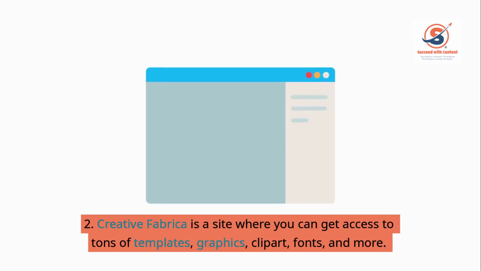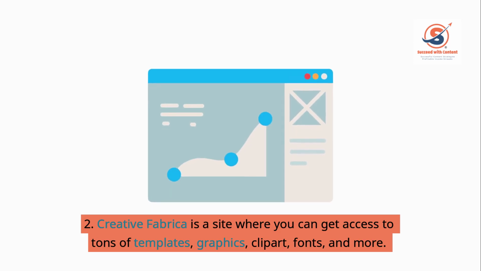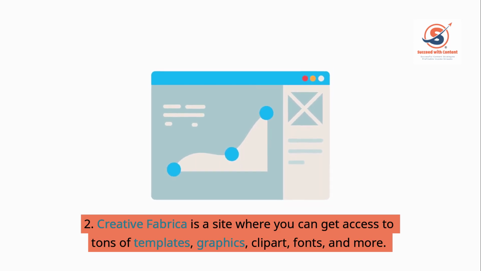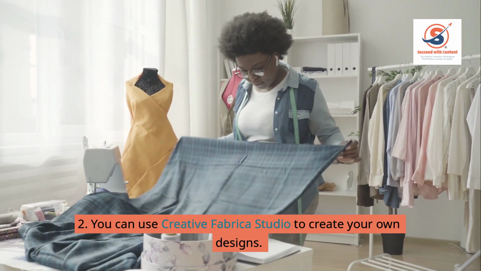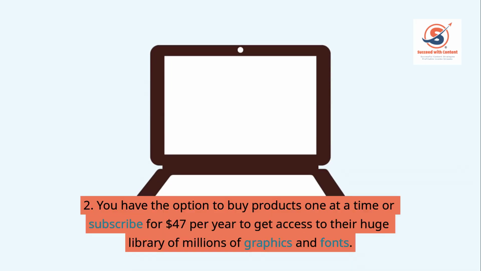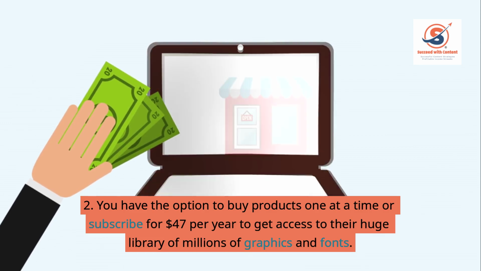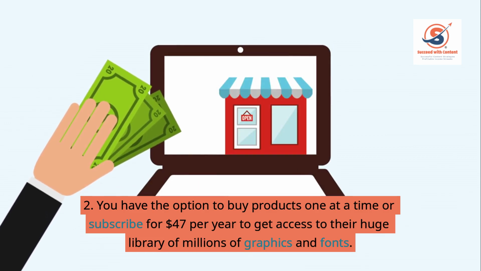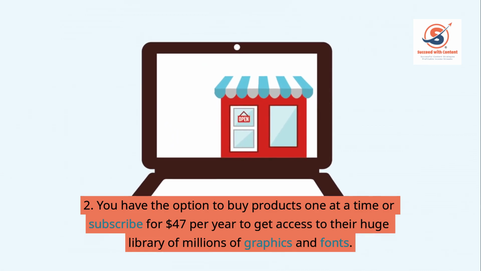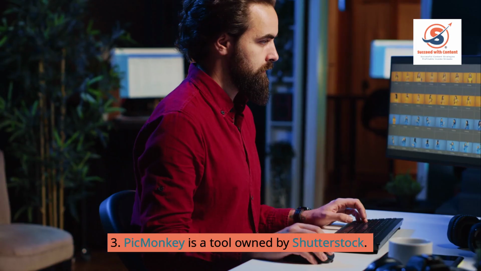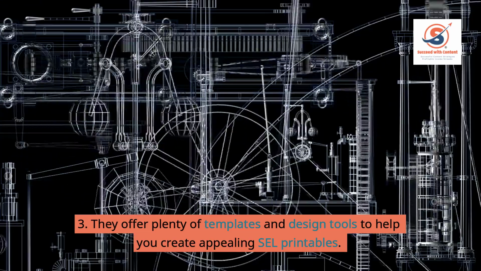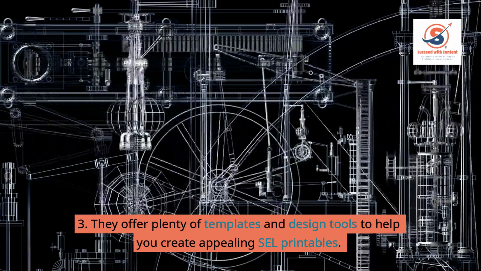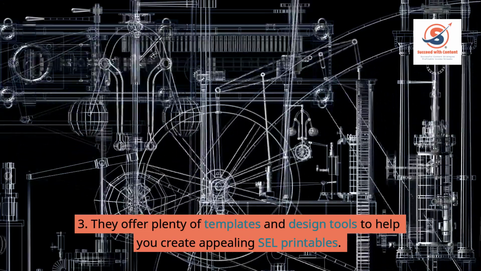Creative Fabrica is a site where you can get access to tons of templates, graphics, clip art, fonts, and more. You can use Creative Fabrica Studio to create your own designs. You have the option to buy products one at a time or subscribe for $47 per year to get access to their huge library of millions of graphics and fonts. PicMonkey is a tool owned by Shutterstock. They offer plenty of templates and design tools to help you create appealing SEL printables.